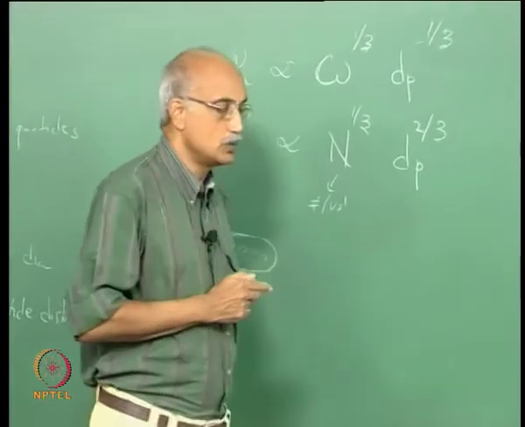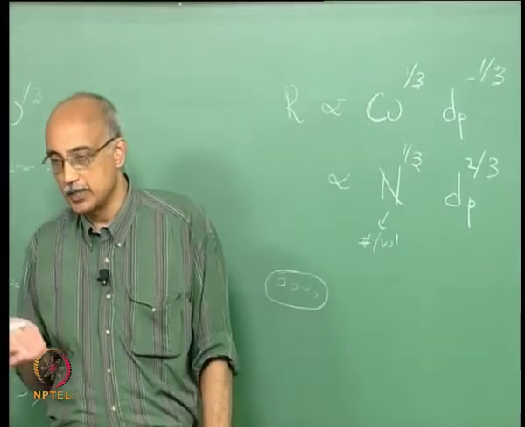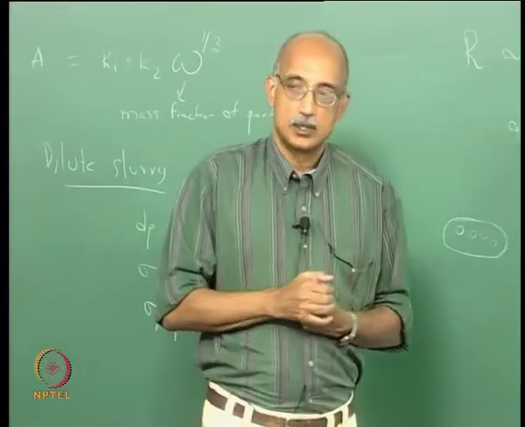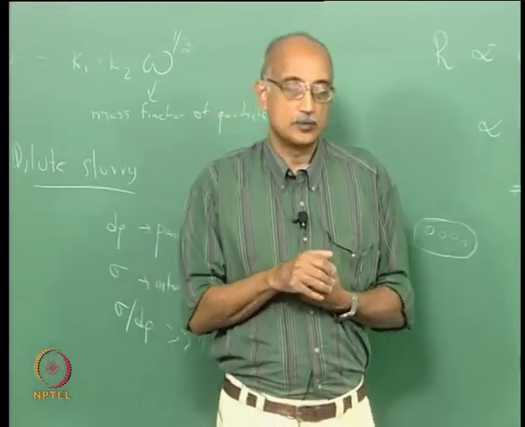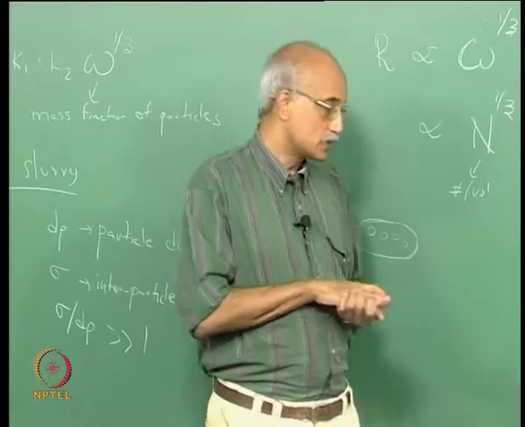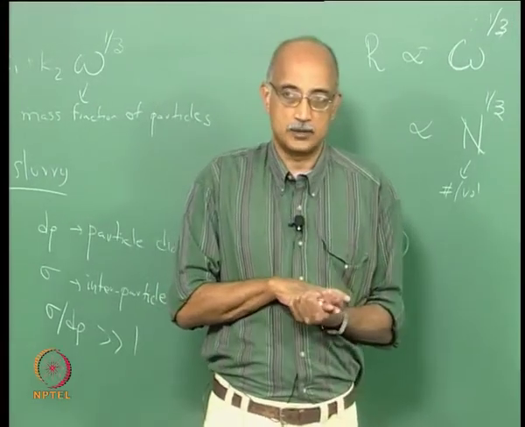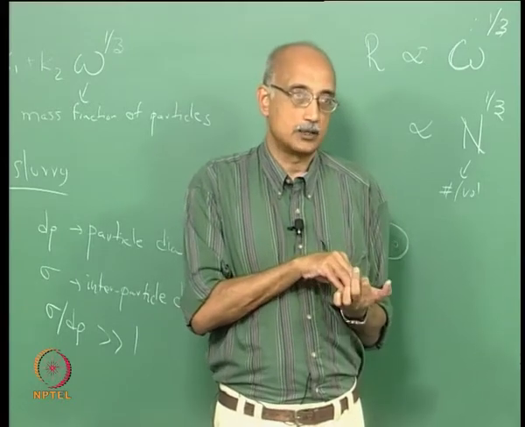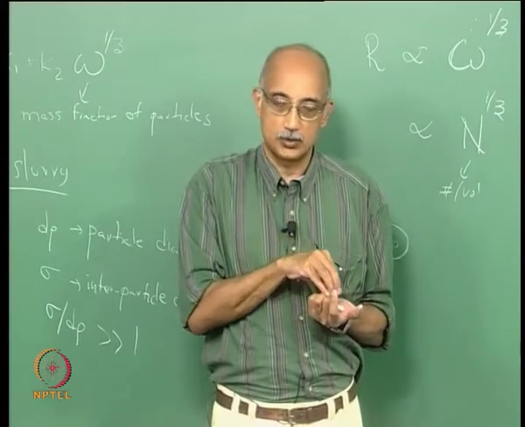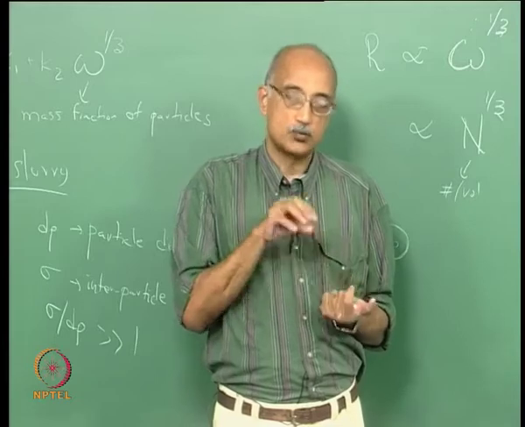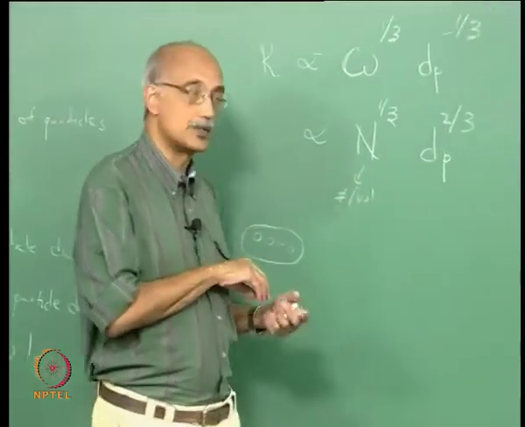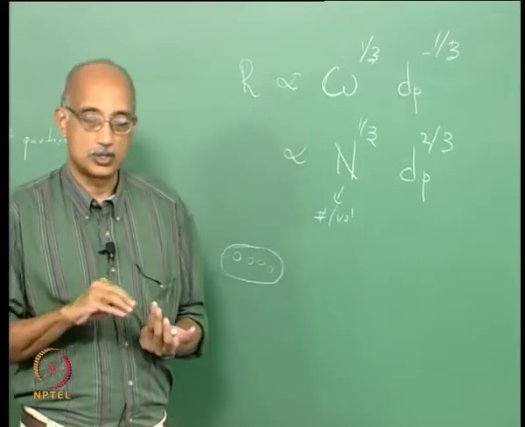Another alternative view of CMP or mechanical polishing is to look at the indentation volume. The indentation volume refers to how much volume of material has been removed from the surface due to, again, the polishing procedure that is going on, and this volume can again be related to parameters such as number concentration and particle diameter and so on.